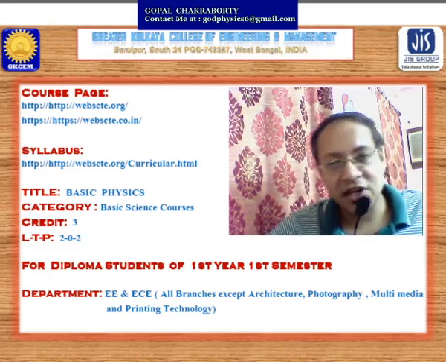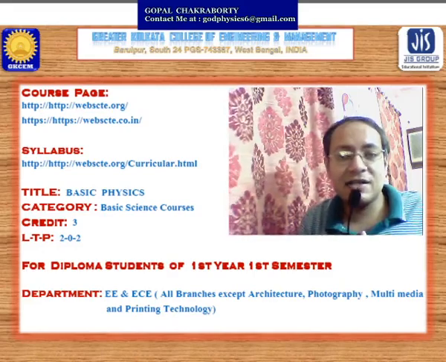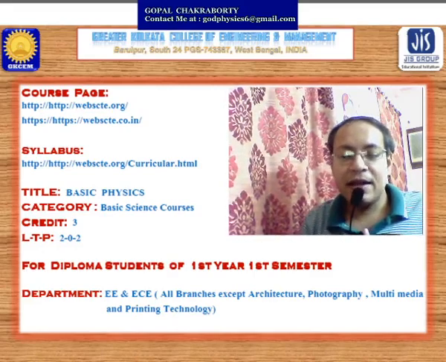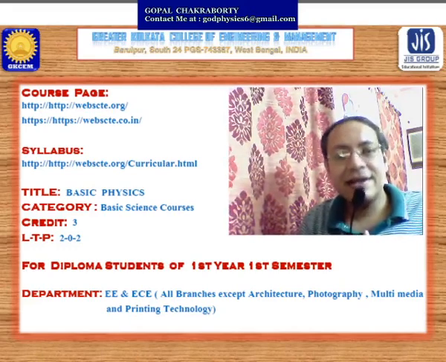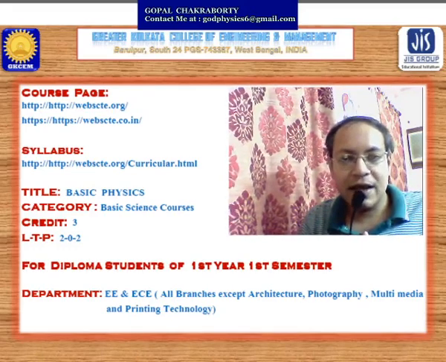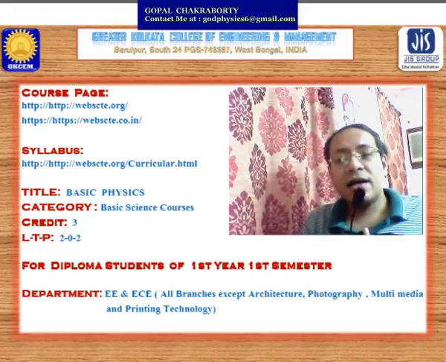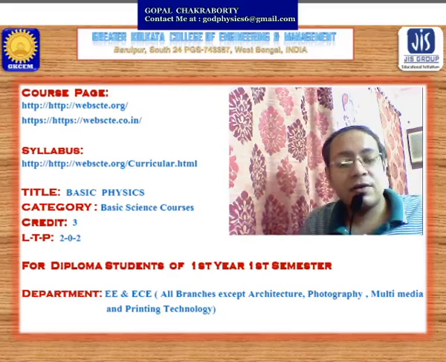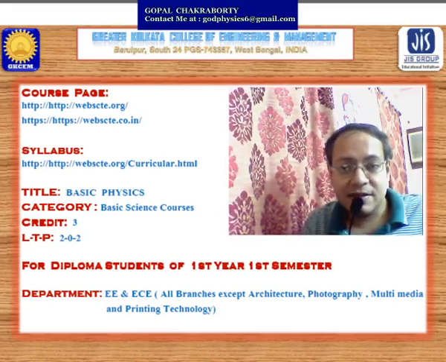The subject title, Basic Physics, is under the category of Basic Science course. It has a credit of 3, with 2 lectures per week and 2 practicals per week. This course is generally made for diploma students of first year, first semester.